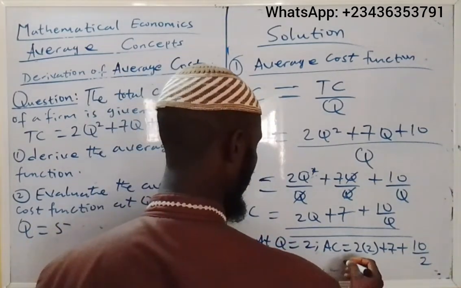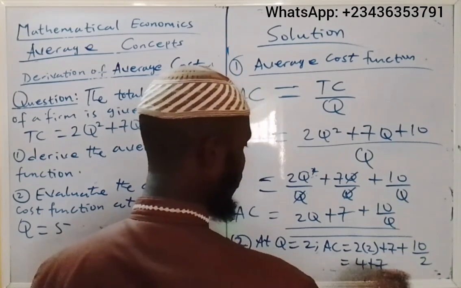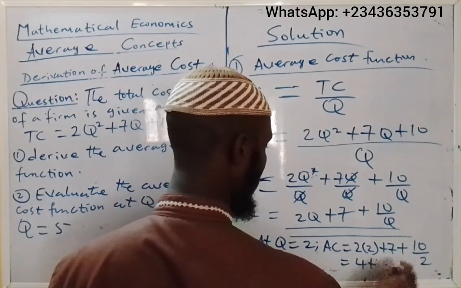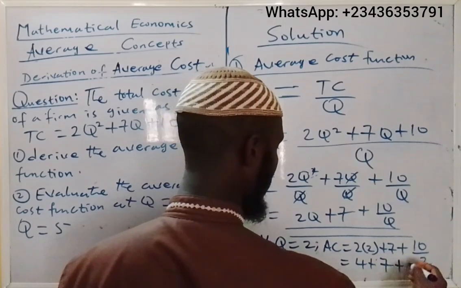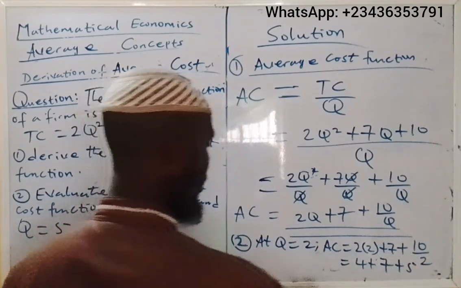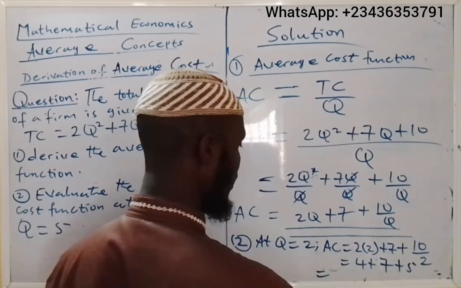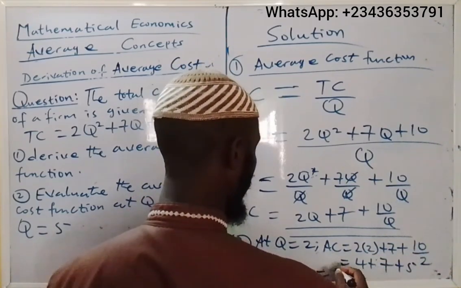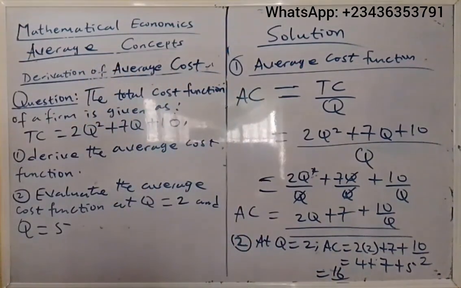That is 4 plus 7, then 10 divided by 2, that is plus 5. So in other words, 4 plus 7, that is 11, then plus 5, that is 16. In other words, our average cost at Q equals 2 is 16.